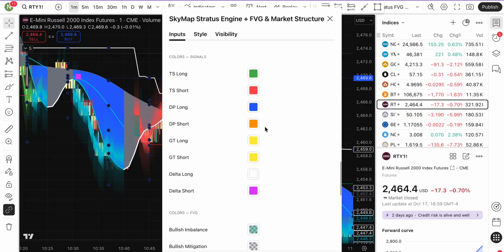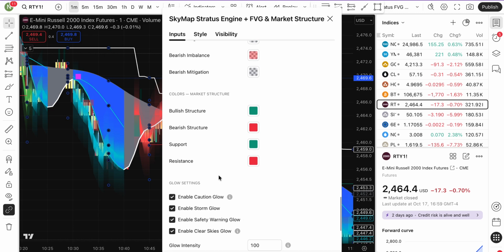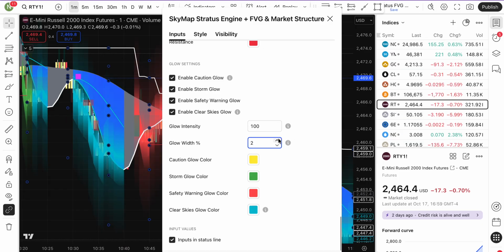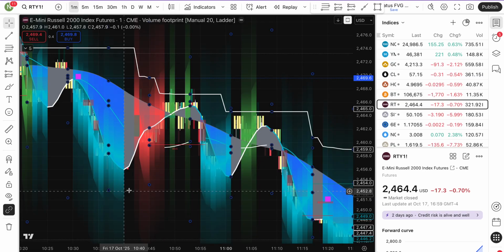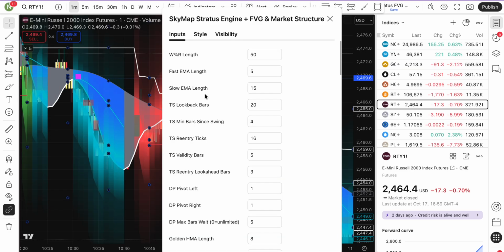Same goes for the super trend, all of the bonus trade signals, your fair value gaps, your market structure annotations, and down at the bottom are the controls for your glows. So you can change the colors of your glows, you can change the intensity of the glows, and you can change the overall size of the glows. So if you want those things to really be unavoidable, super obvious, that option is available to you.